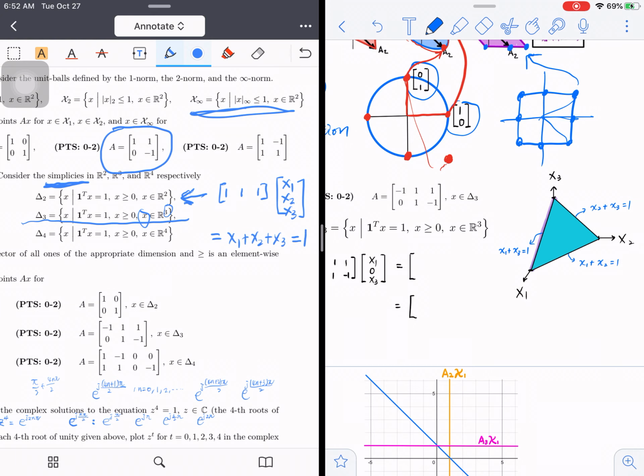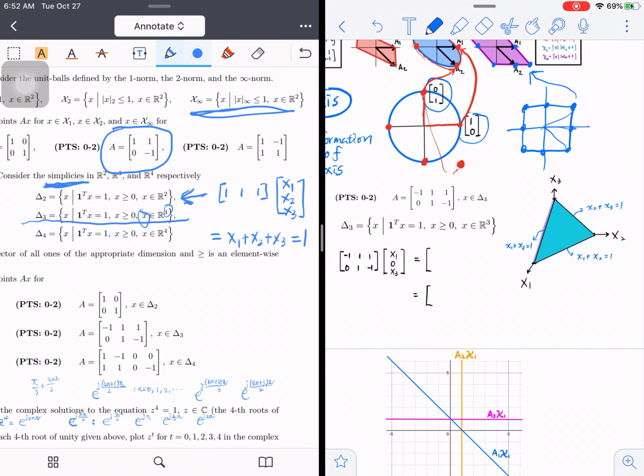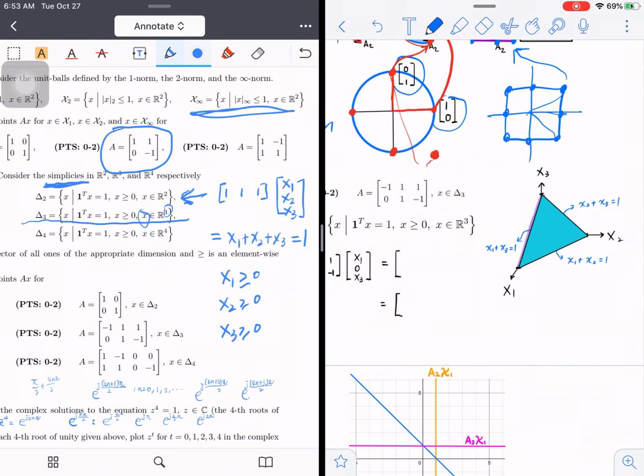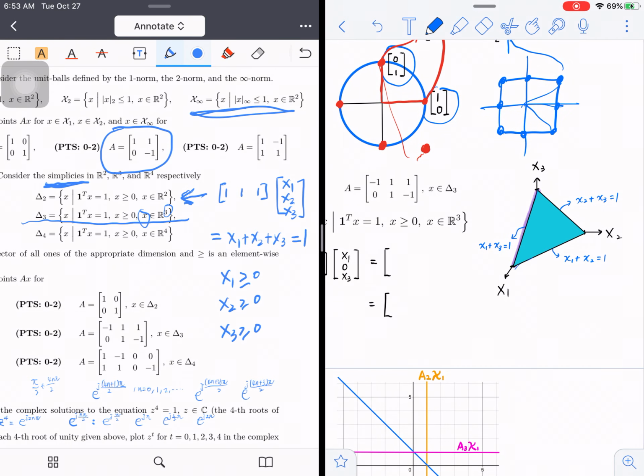So you get these. And then you know that x1 greater than or equal to 0, x2 greater than or equal to 0, x3 greater than or equal to 0. So this is the shape of delta of this.